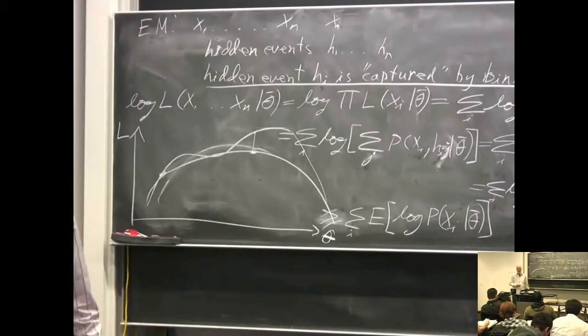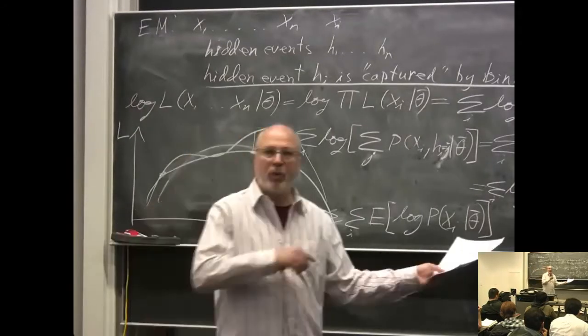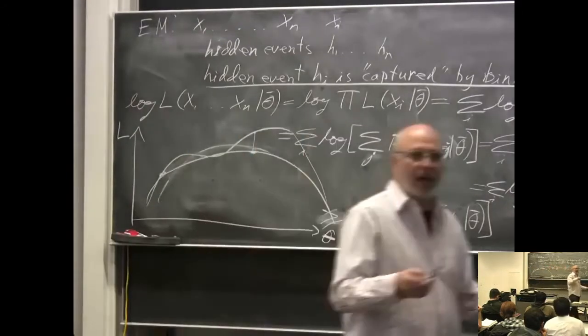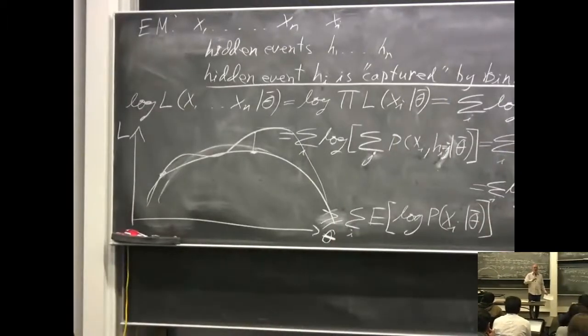Now, Yunus mentioned the auxiliary function. There are two alternative ways of defining the auxiliary function. It could be this function itself, or it could be the difference in the likelihood between this function and the true likelihood. If you talk about the difference between them, you can prove that it's always positive and that it agrees at the point you're at.